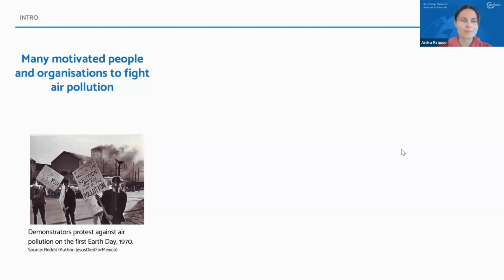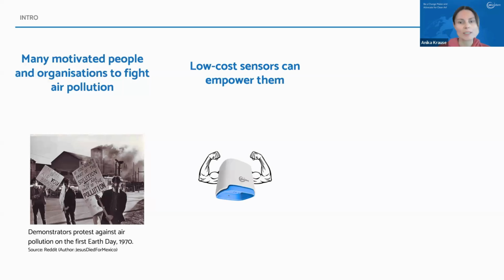So I think everyone here in this group knows that air pollution is bad for health and for the environment. And there are also many motivated people who want to fight air pollution already since a long time. Low-cost air pollution sensors are relatively new, and they can help empower organizations and engaged people to advocate for cleaner air.